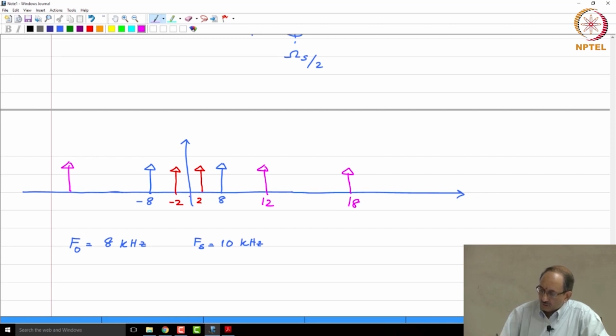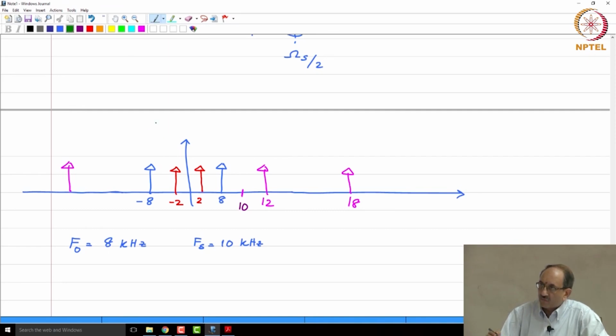Remember, what will happen at 0 will also happen at 10. So this is 10 kilohertz. So, what will happen at 0 will also happen at 10. Therefore, you have this picture.